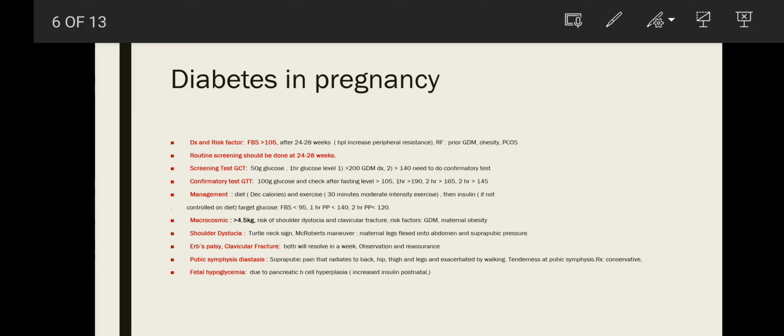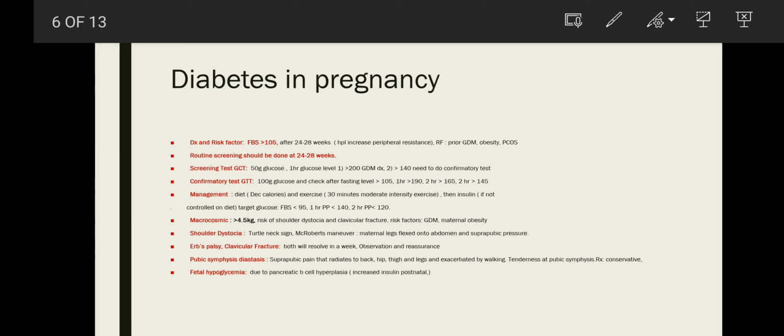In the glucose tolerance test, we give 100 gram glucose and check her glucose after 1 hour, 2 hours and 3 hours subsequently. First we check the fasting glucose level.